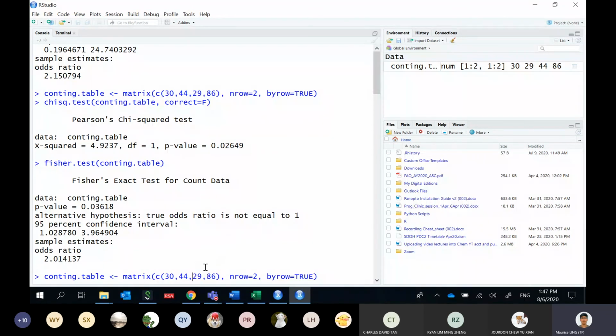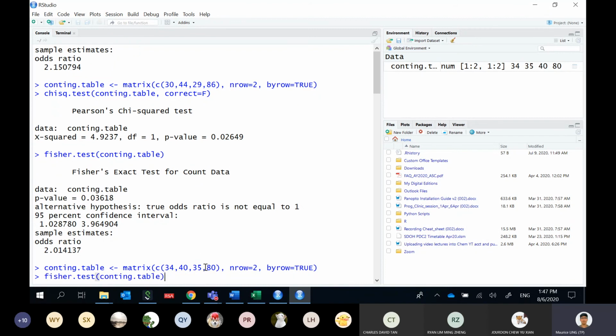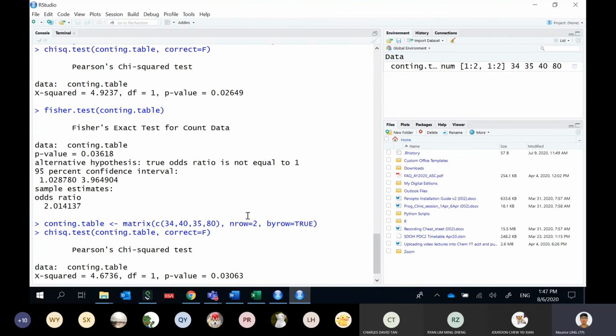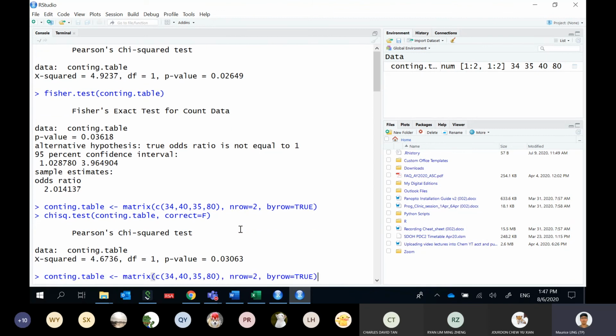Now we reduce this by 4, increase this by 4. Then this we go to, let's say, 35. This will be 80. Let's try. I'll just play around with the numbers. 0.36. We're getting a bit better already.